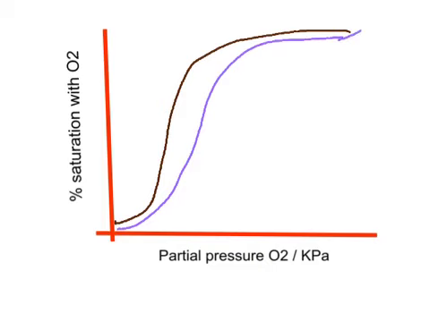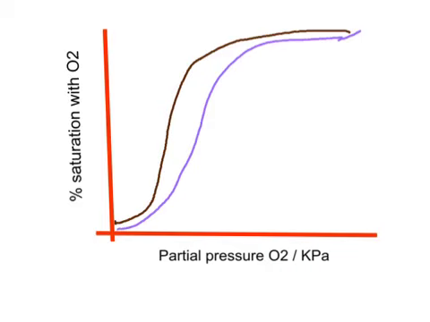There we are. Not very accurate. But the point is, we see that adult hemoglobin has the familiar shape of an S. Fetal hemoglobin has a shift to the left and up. And what that means is fetal hemoglobin has a higher affinity to oxygen than adult hemoglobin does.